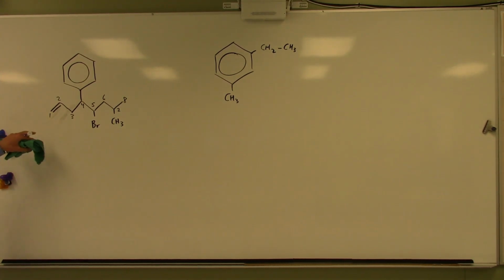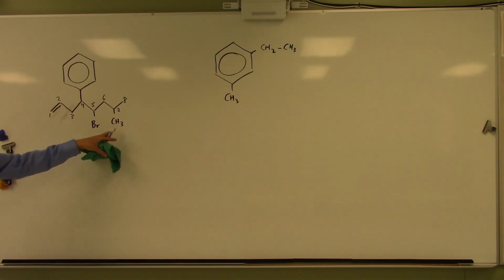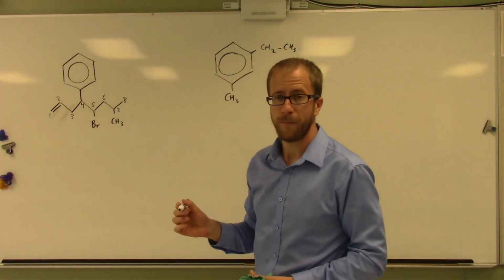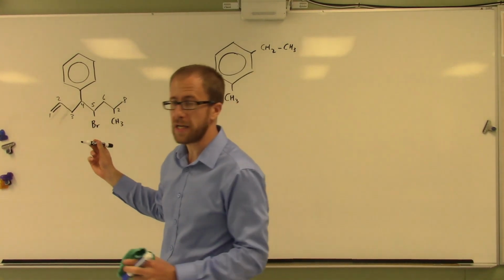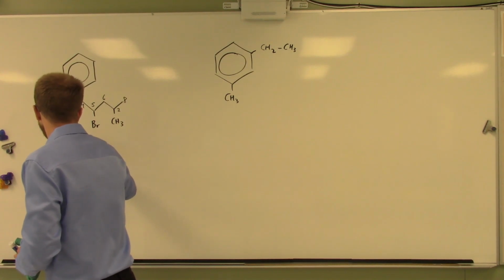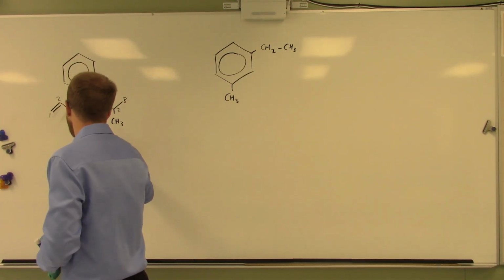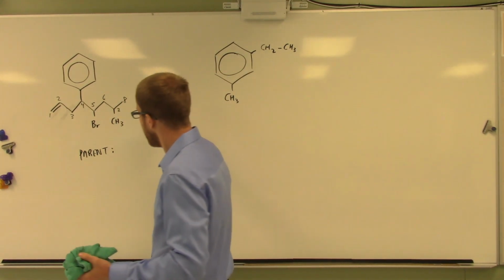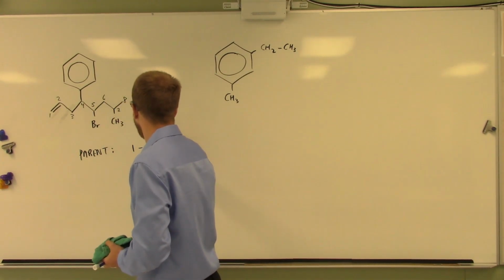So we have a double bond on carbon 1, a phenyl group on carbon 4, a bromo group on carbon 5, and a methyl group on carbon 7. So what is our parent chain? Well, our parent chain in this case is 1-octene.